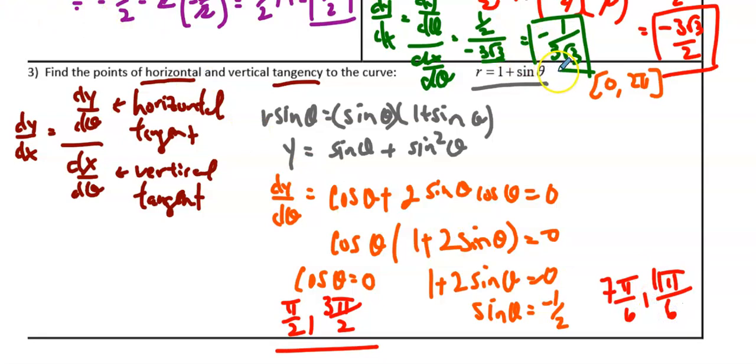Now, the last thing we have to do for this problem, again, we're just looking at the horizontal one in this video, is we have to graph this function. We have to see an idea of what's going on. So we talked about graphing in the other lesson. You guys can see that this is a 1 and this is a 1. So you know this is a cardioid. You know that since it's sine, it's going to be symmetric about the y-axis.